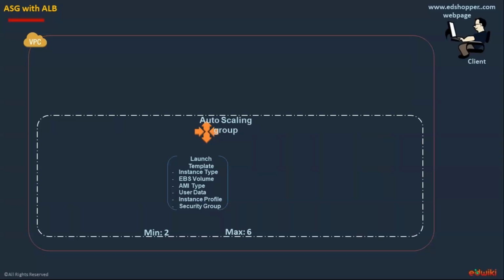But auto scaling will accept minimum as 0. Even I can create an auto scaling group saying that the minimum is 0, maximum is 0, no problem. It will just not create any servers for you, but the auto scaling configuration is created.